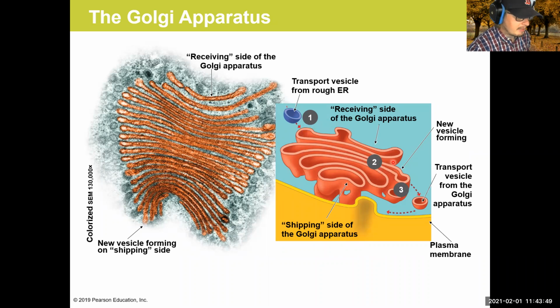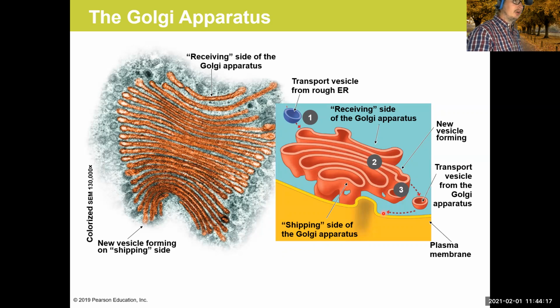And then as that molecule travels through, it will bud off into a new transport vesicle that comes from the Golgi apparatus. And then that vesicle would travel to the plasma membrane, fuse with the plasma membrane, and release those products outside of the cell if those products needed to be released out of the cell.